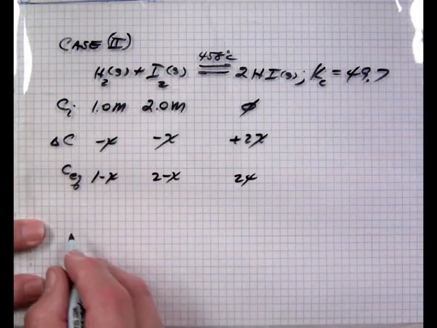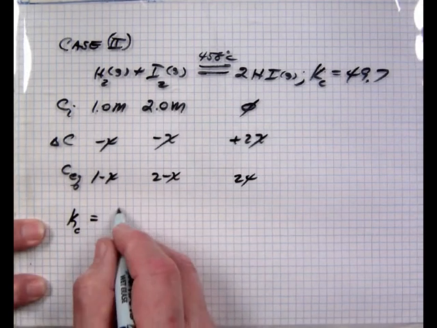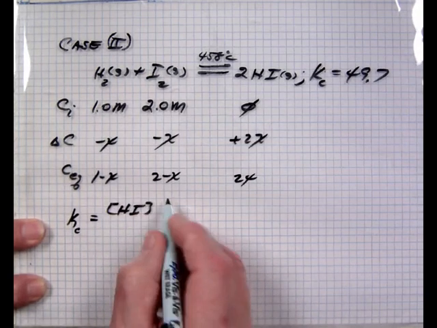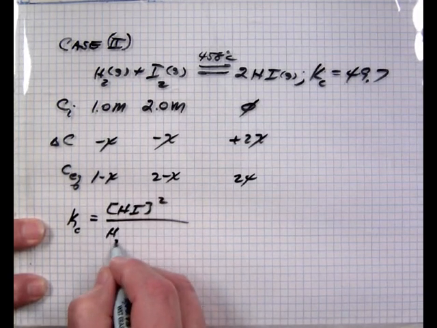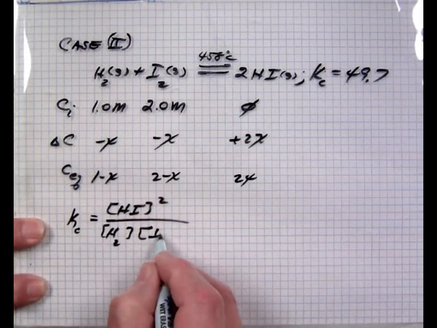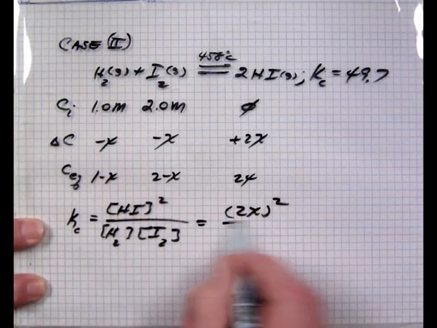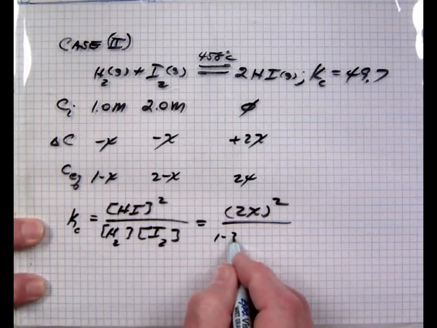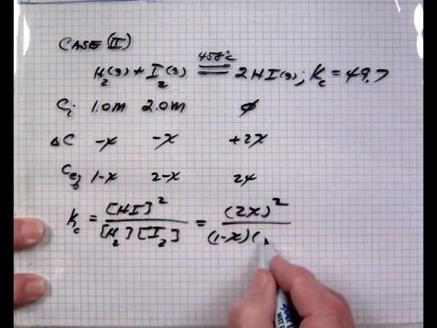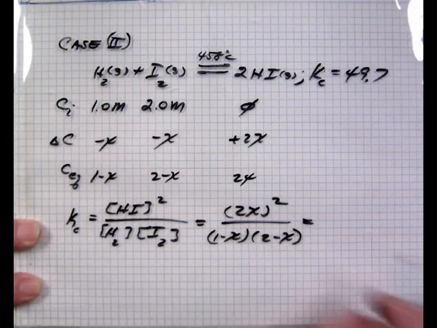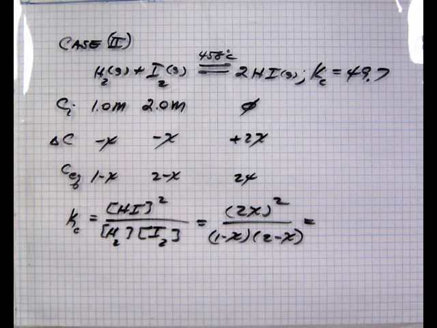So writing the Kc expression for this, we put 2x squared over hydrogen, which is 1 minus x, and 2 minus x. That's not a linear equation. You can't take the square root of that one and calculate x.